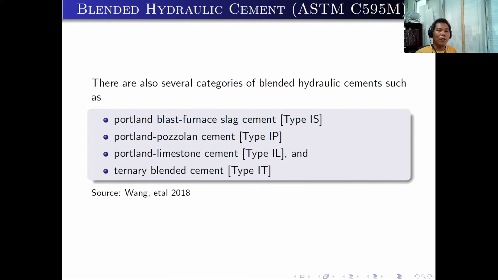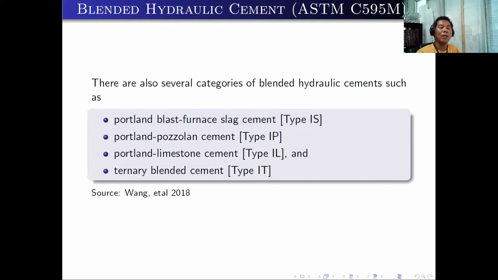Also, there is what we call the blended hydraulic cement. This is according to ASTM C595. Hydraulic cement is normally Portland cement type 1, but as I have said, we can add other cementitious materials. So that's why we call it a blended hydraulic cement. It can be a Portland blast furnace slag cement, so that's type 1S.